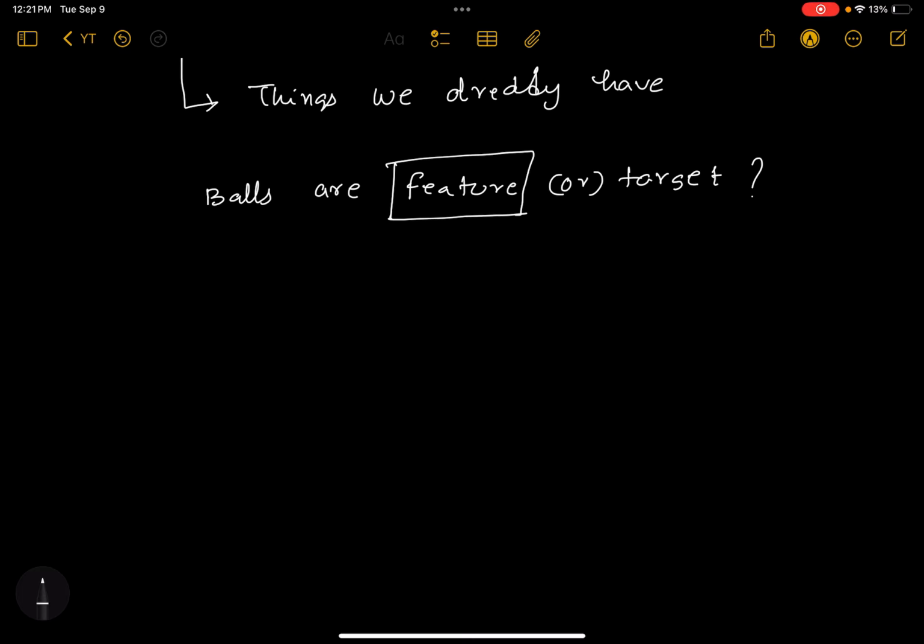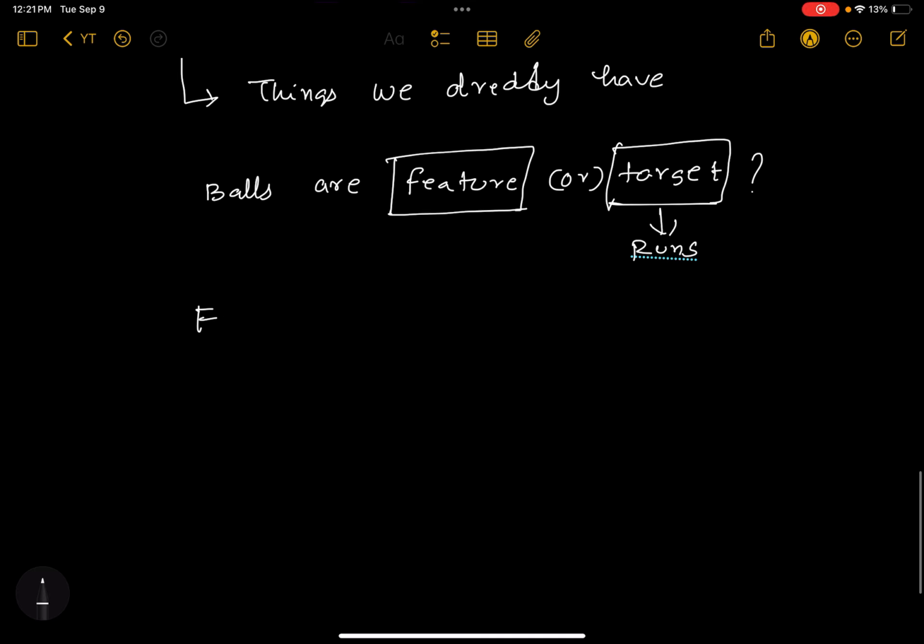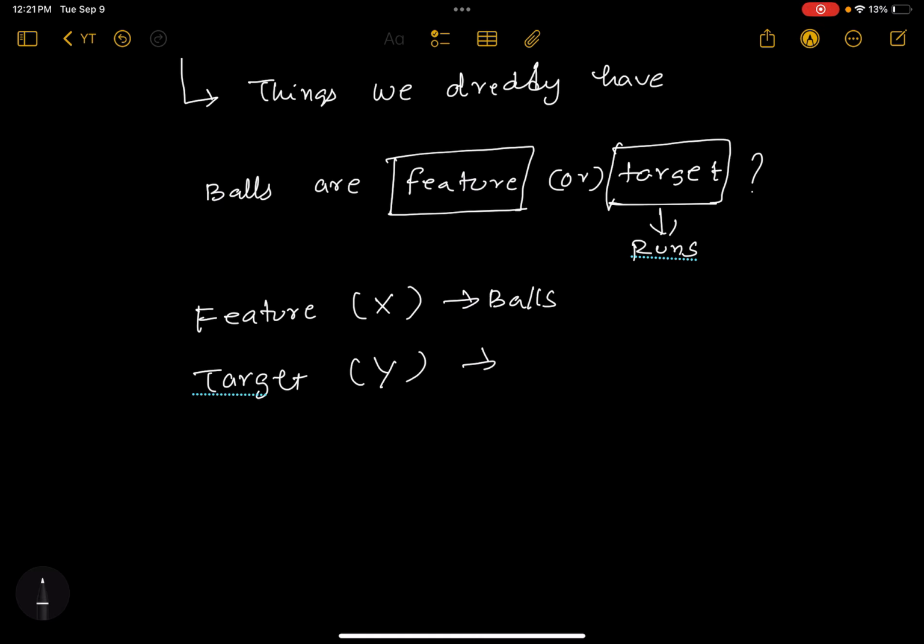But we don't know how many runs he'll score in the next 2 to 3 balls, so we have to predict how many runs he's going to score. That's why runs are our target. So the feature will be on the x-axis, which is balls, and the target is y, which is runs.